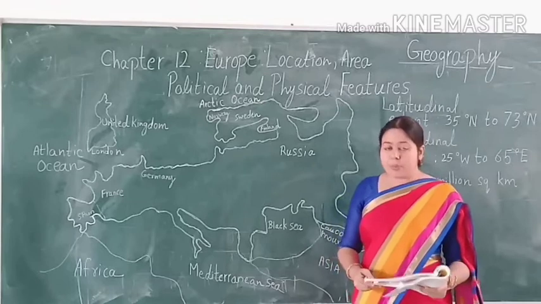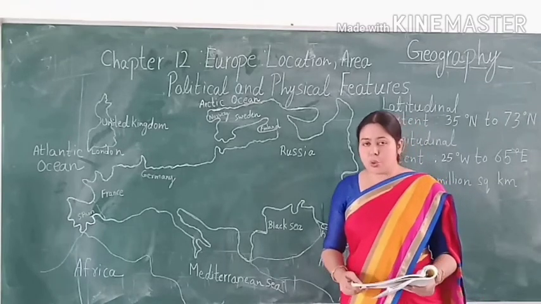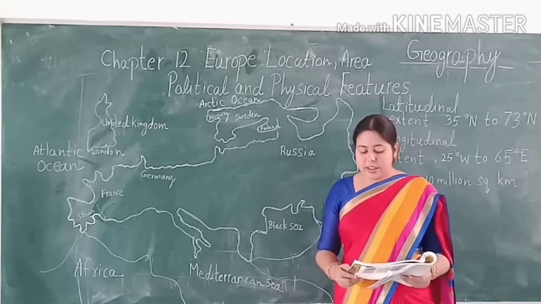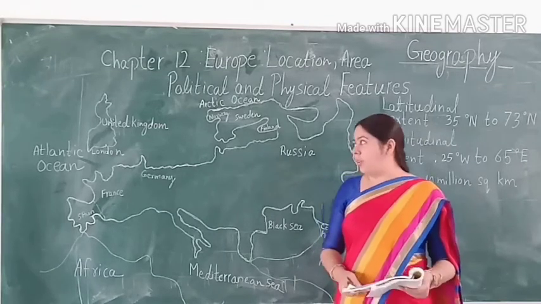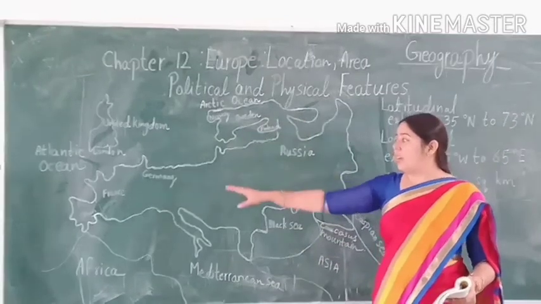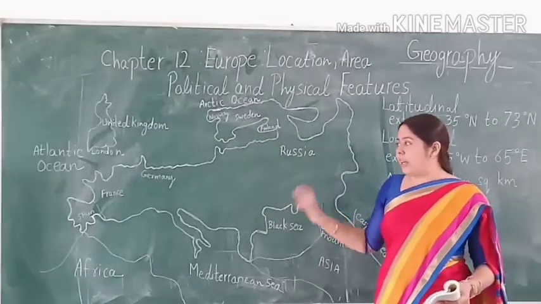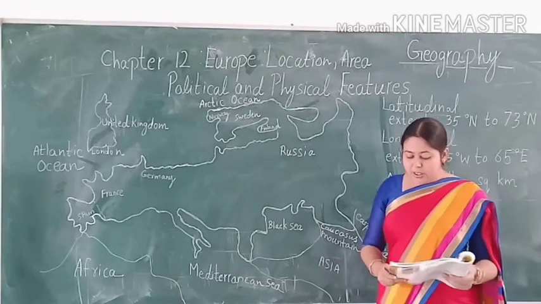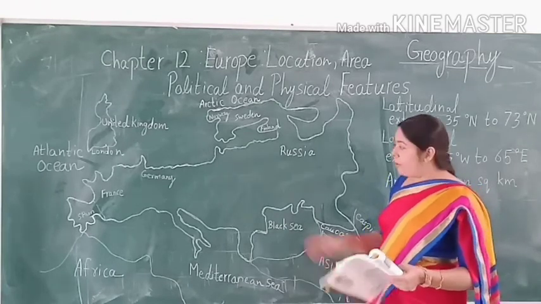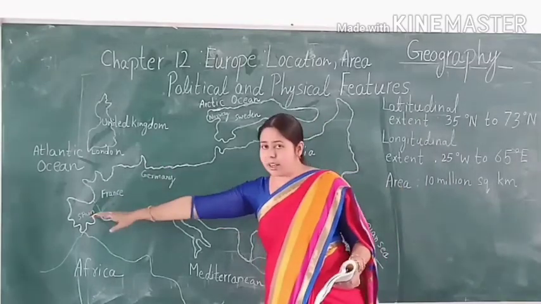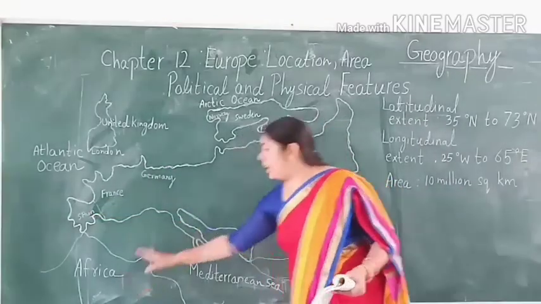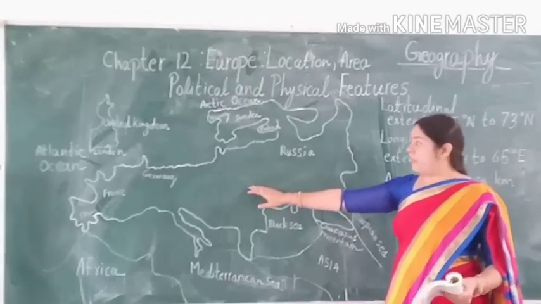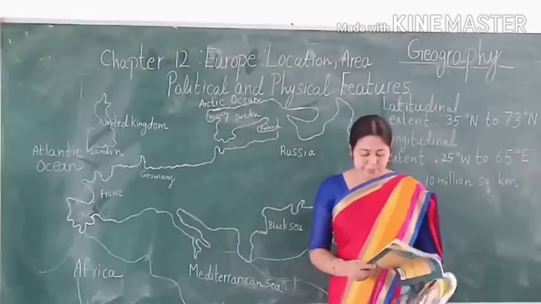It stretches from 35° north to 73° north, and most of it lies within the temperate zone.